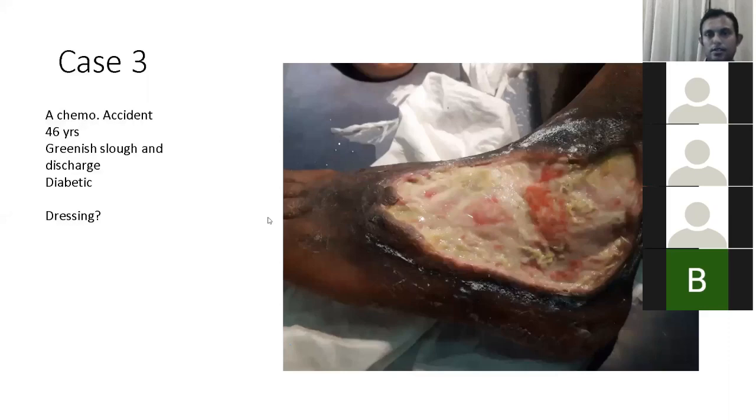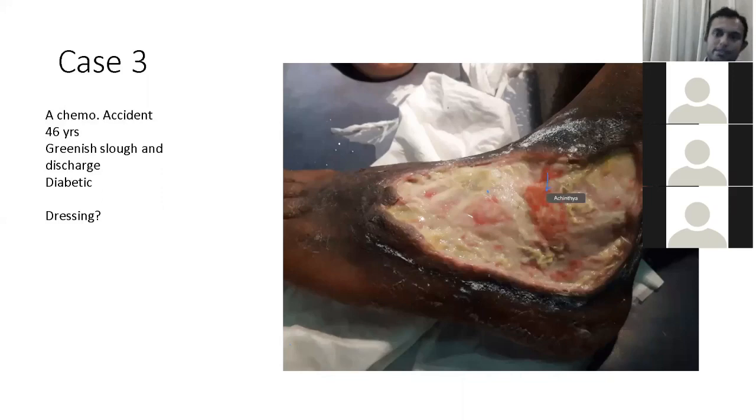Yes, it's pseudomonas, so you don't have to do a culture and all that. So what are we going to use? Now you need debridement, and you need to control the infection, as well as some debridement. So what?